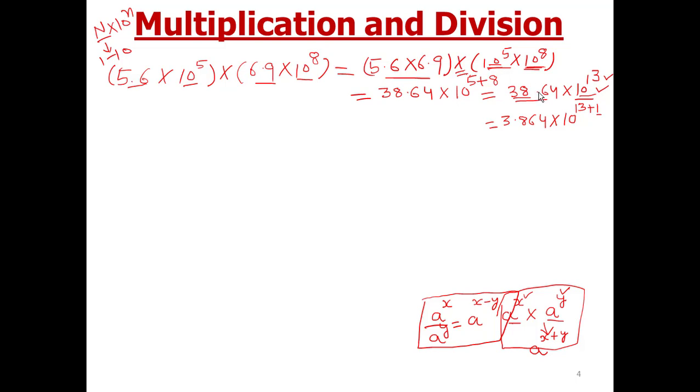Now this decimal has been moved to the left by 1 place, so we have added 1, so it is 3.864 into 10 raised to the power 14. This is the answer when we multiply these two numbers.